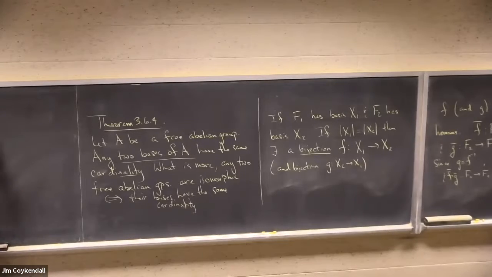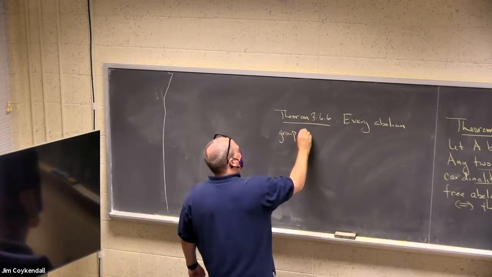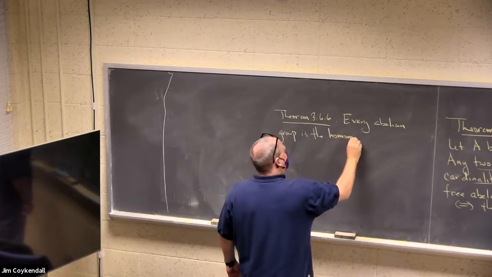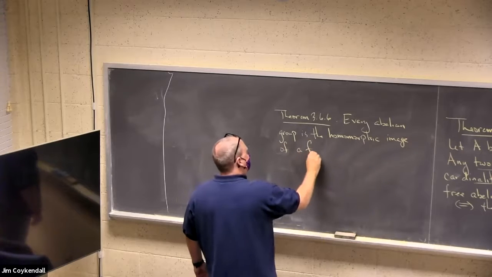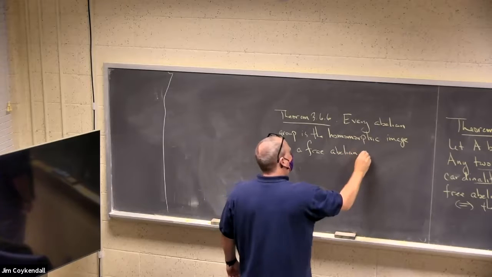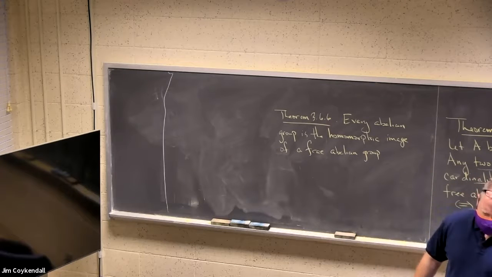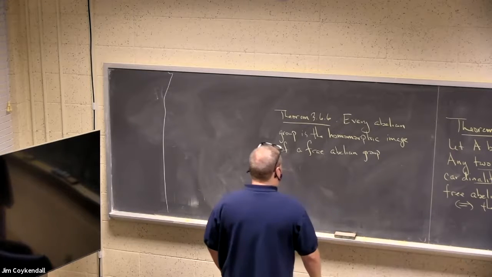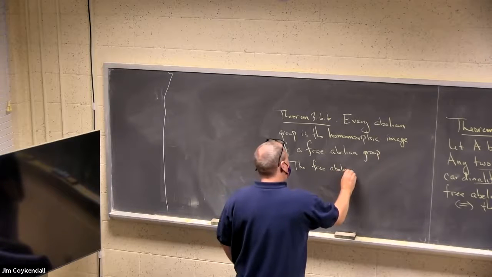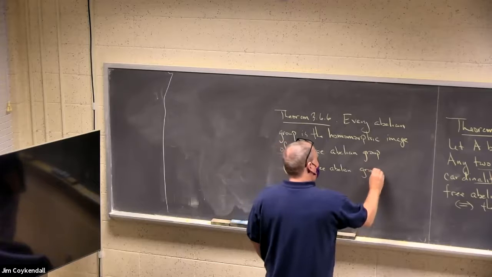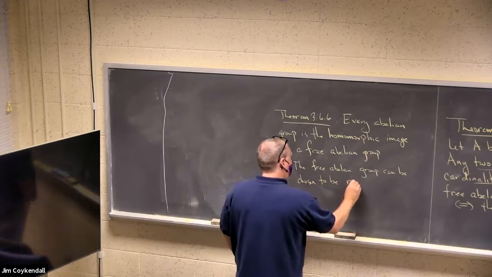So, 6.3.3: every Abelian group is the homomorphic image of a free Abelian group.